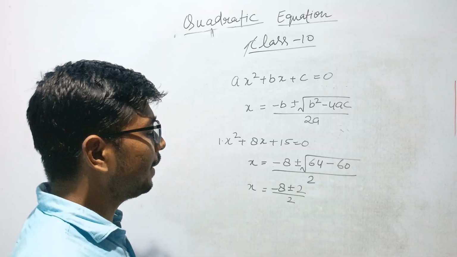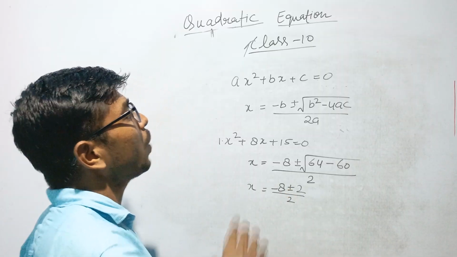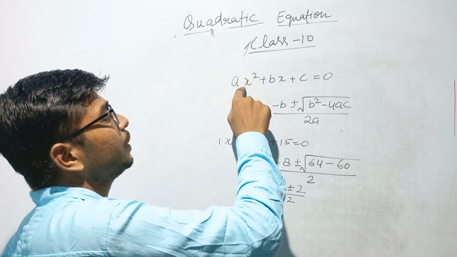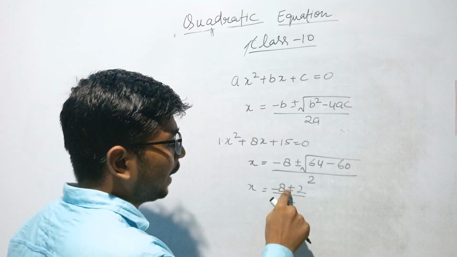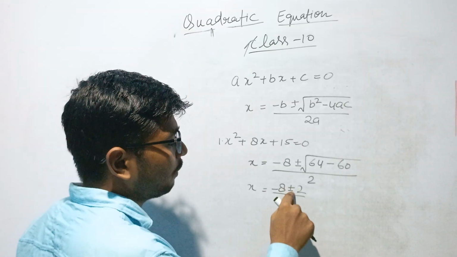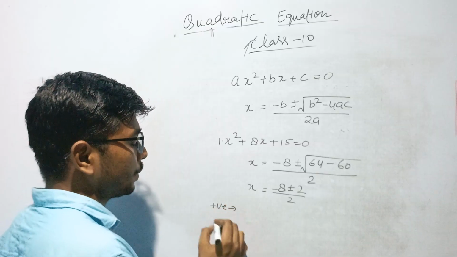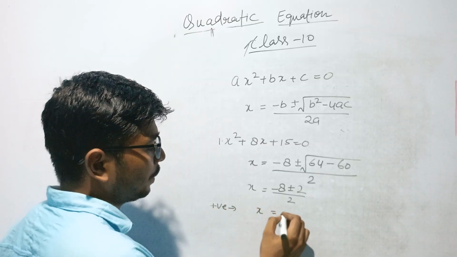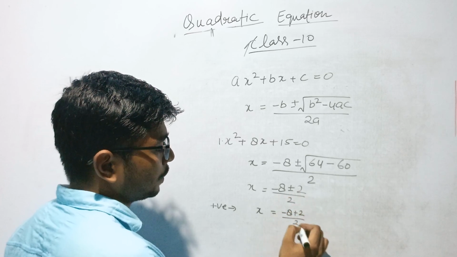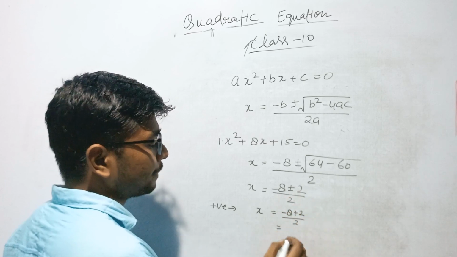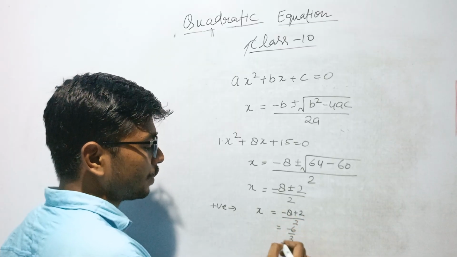Okay, now you can understand why there is the plus and minus sign, because this is a quadratic equation, and in a quadratic equation you will get two solutions. So one time we will take the positive sign and one time the negative sign. If you take positive, x is equal to minus 8 plus 2 upon 2, so you will get minus 6 by 2, so finally minus 3.